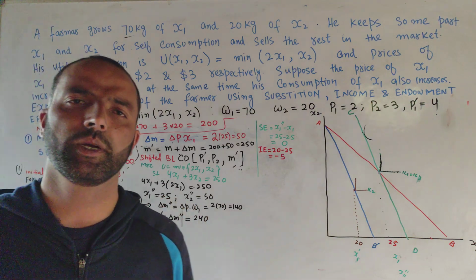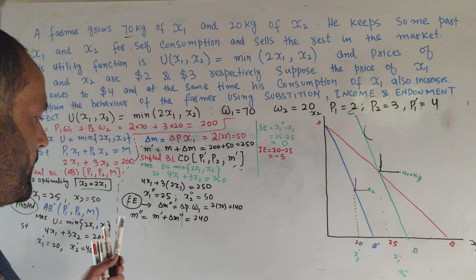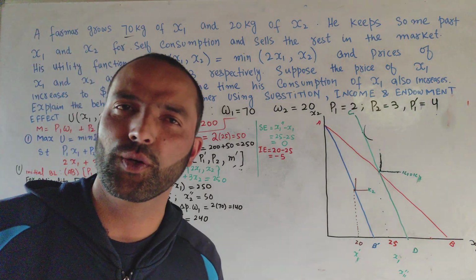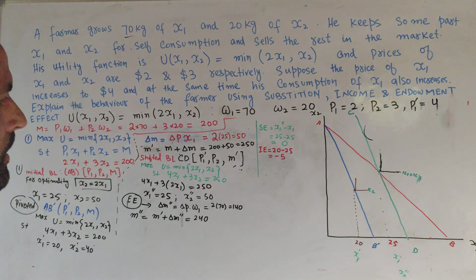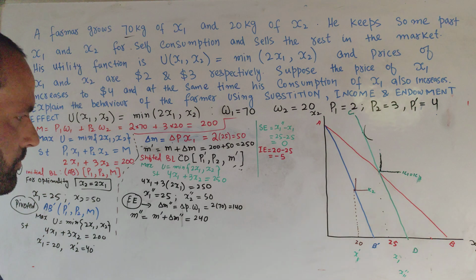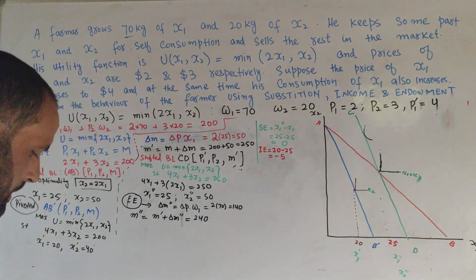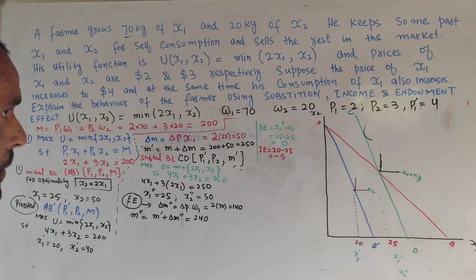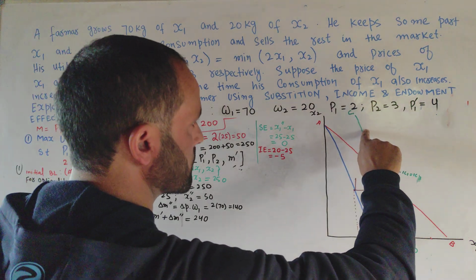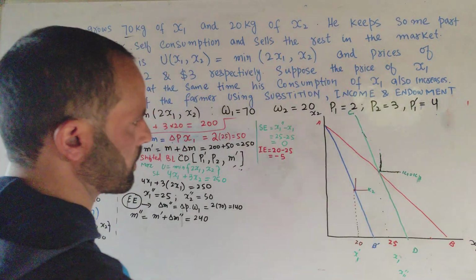Okay, so his endowment income is equal to 240. Now what we need to do? We need to find out the endowment income effect also. For that, let me wrap this. This has nothing to do with this Cobb-Douglas thing.